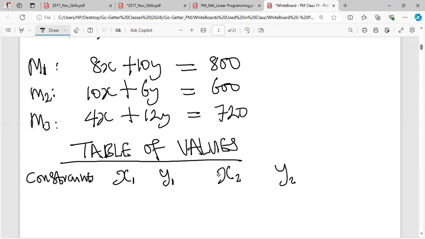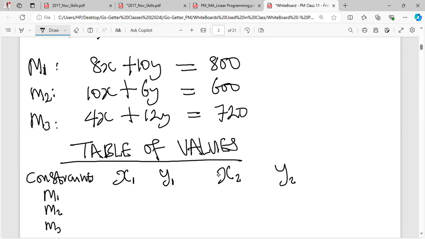So we will have our constraints m1, m2, and m3. Now we will start with what is the value of x when y is 0?